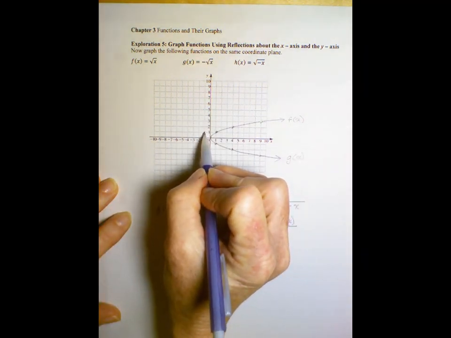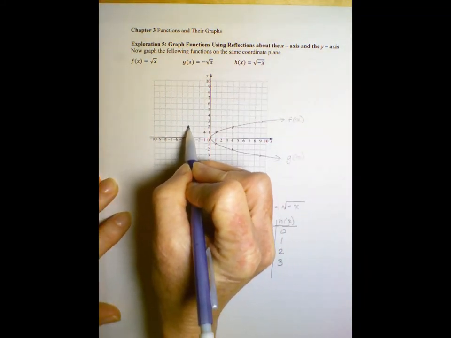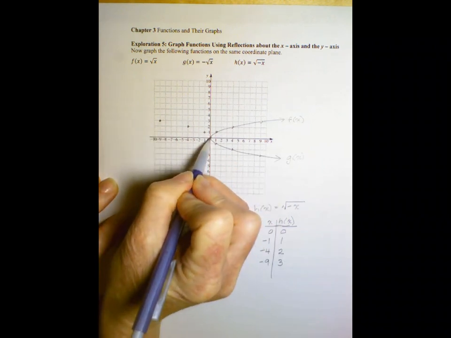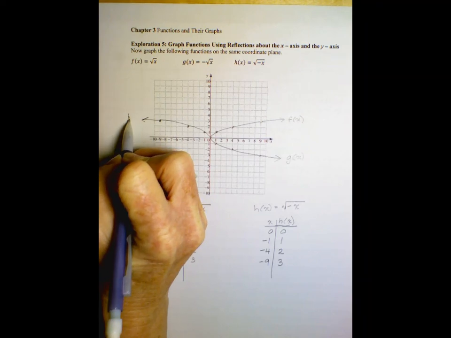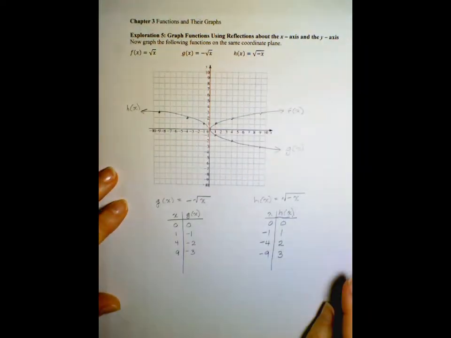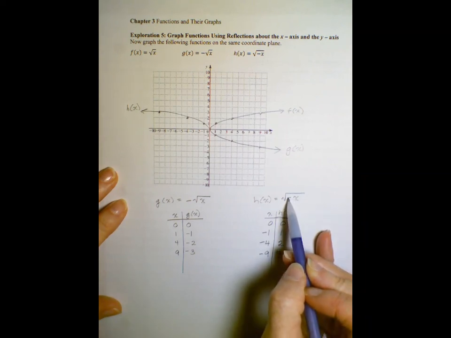Now -1, +1. -4, +2, and -9, +3. So now for our h of x, this is where we are. We're talking about reflections, and now which axis have we reflected about? The y-axis, right?